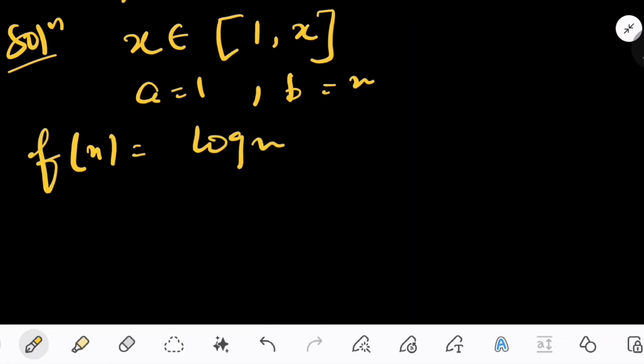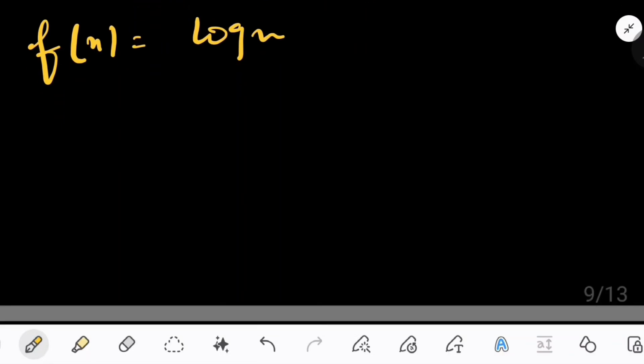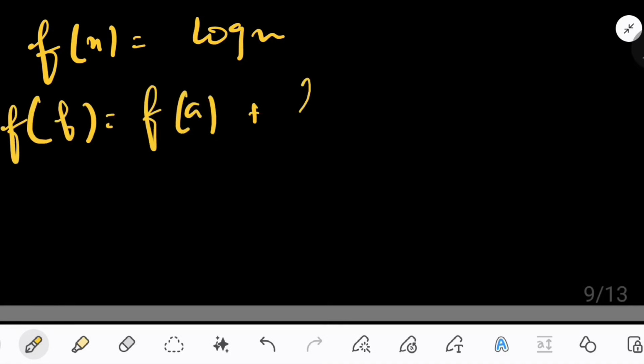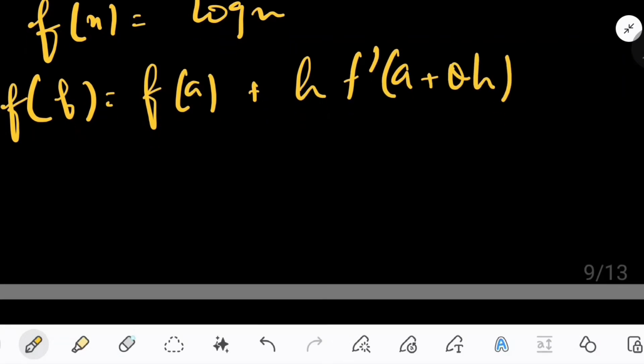Okay, we have used f of x is equal to log x. So simply you know that f at b is equal to f at a plus h into f dash of a plus theta h. We know this. Okay, so what does it mean?